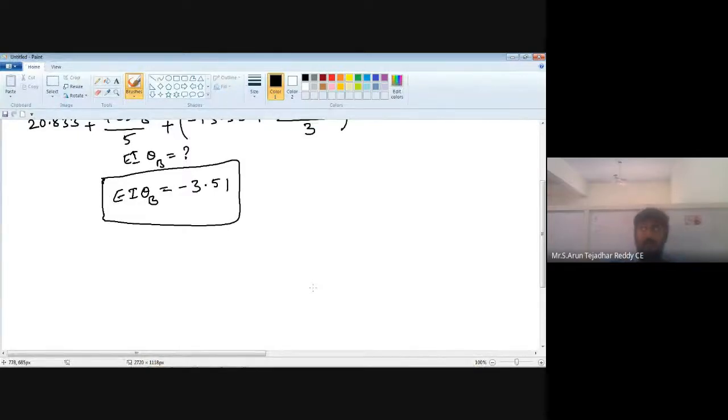Whatever the value we got here for EI theta B, just substitute the EI theta B value in each and every equation. That is, substitute EI theta B in equations 1, 2, 3, 4.